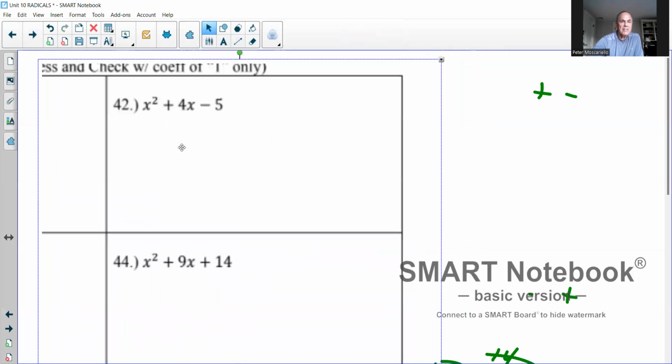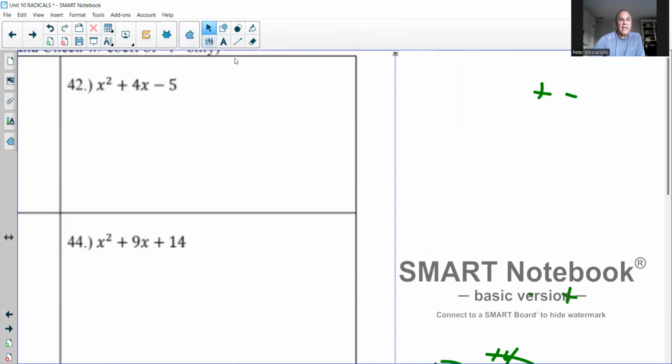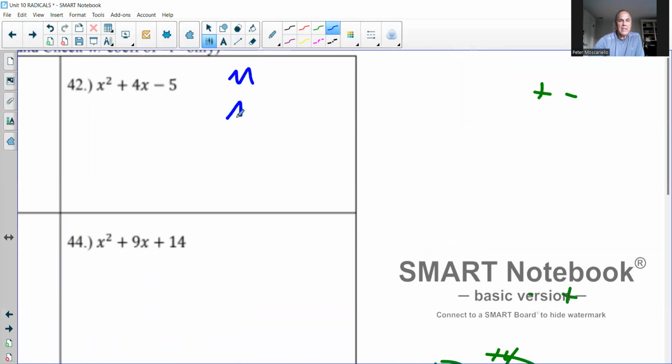And let's see, start with 42. Okay, this is the one where we multiply and we add. When we first saw these, we said, just choose that last number, multiplies to -5. Then we learned technically it's this number times this number, multiplies to -5 still, because 1 times -5, and adds to that number. Okay.